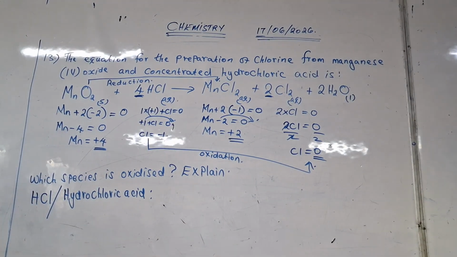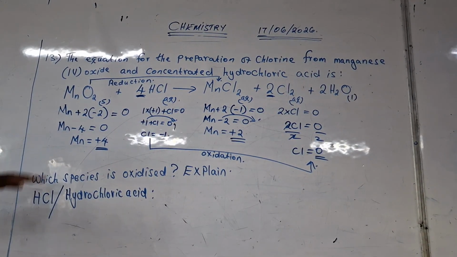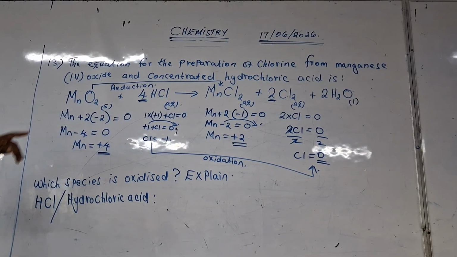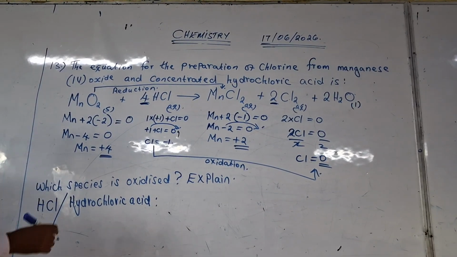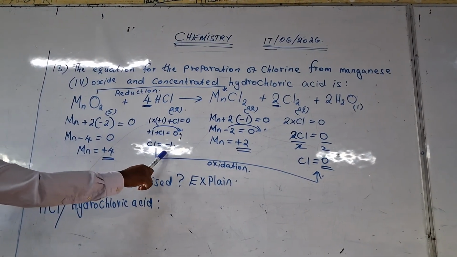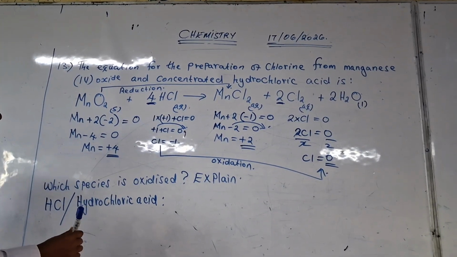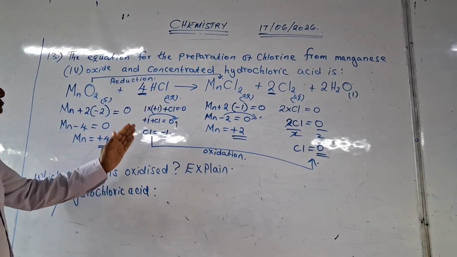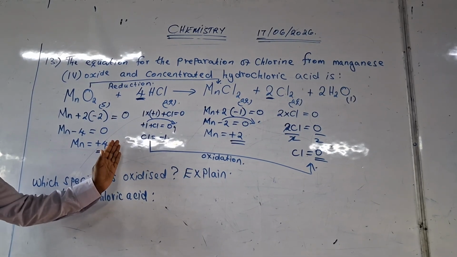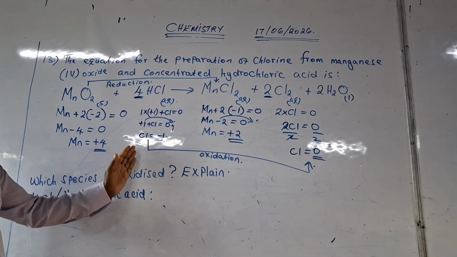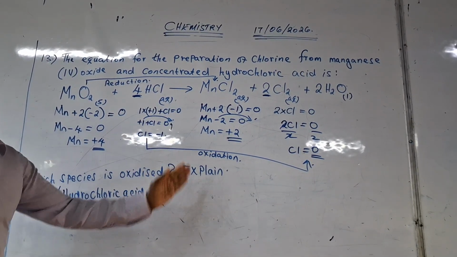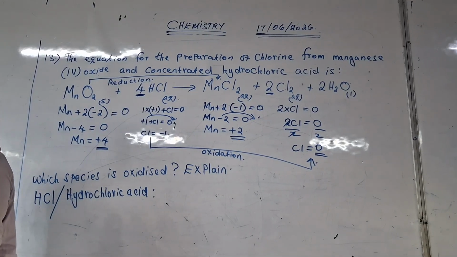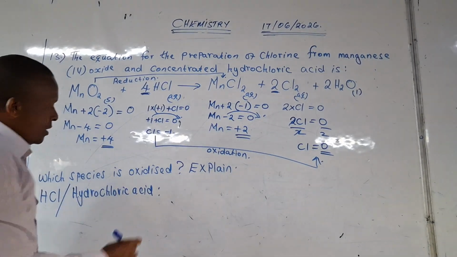You write the formula or the name. Are we together? Explain. We have written. Have we explained? No. We need to get an explanation. What's the explanation? You talk about the chlorine. You say the oxidation number of chlorine in hydrochloric acid increases from -1 to 0 in chlorine, which is the product. Okay? So you write about that.